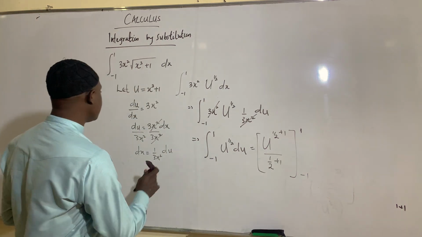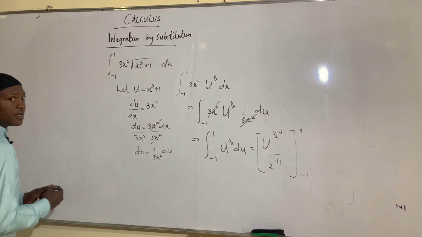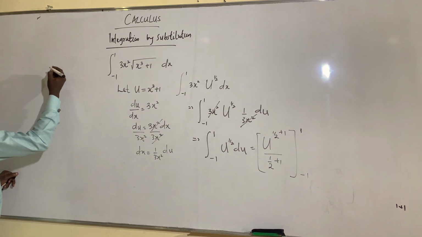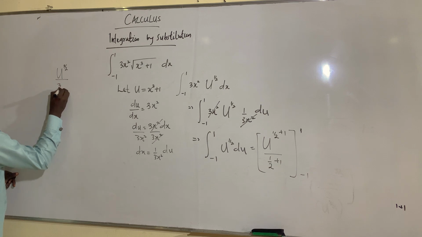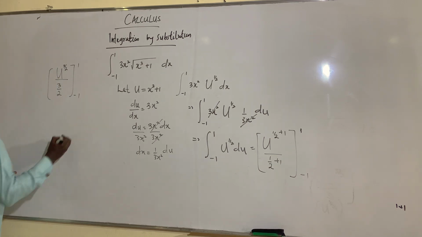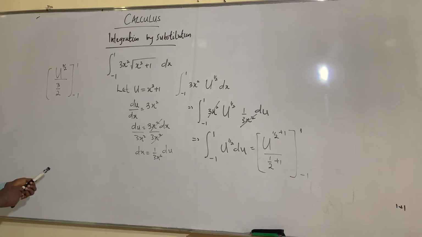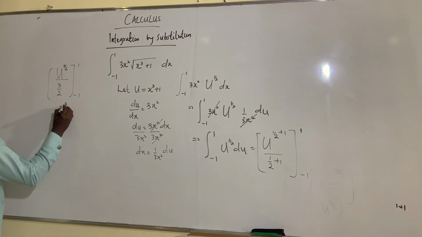So let's continue. Now, normally if I integrate that, what are we going to have? We are going to have u to the 3 over 2, over 3 over 2, from minus 1 to 1.